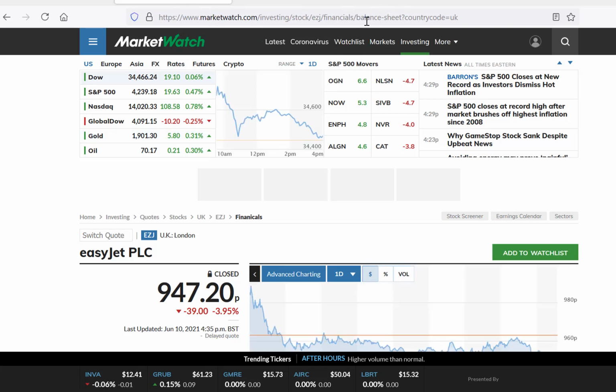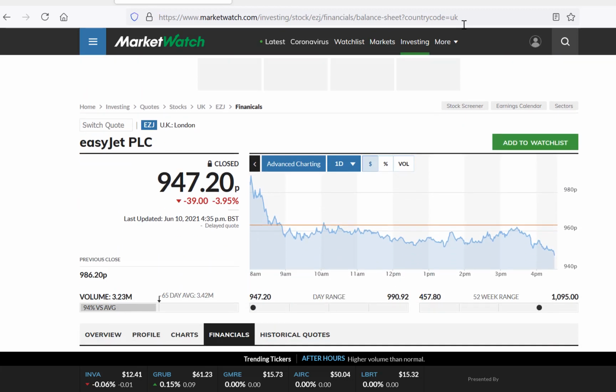It says balance sheet. You notice it says country code UK. Okay, and it's changed dramatically since the last time I did it.